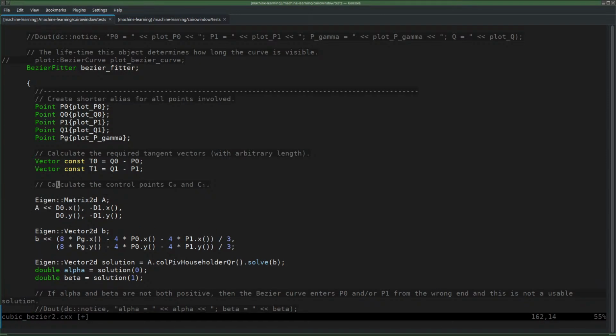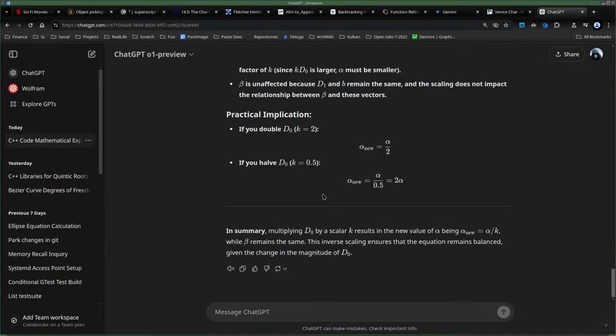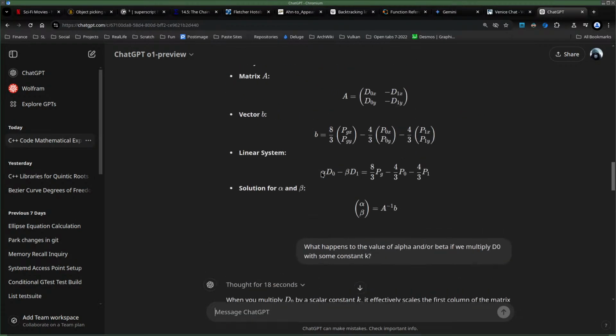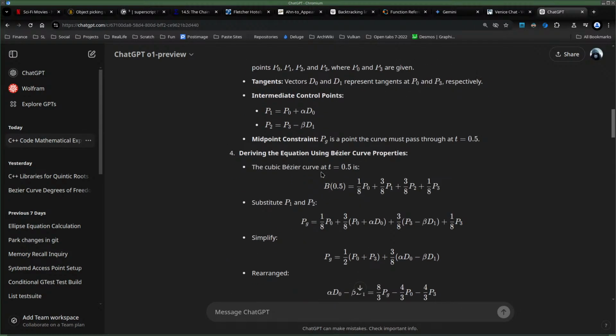Maybe I should copy the reasoning that we just got. This is just P gamma, right? In the end, we want P gamma to be this.